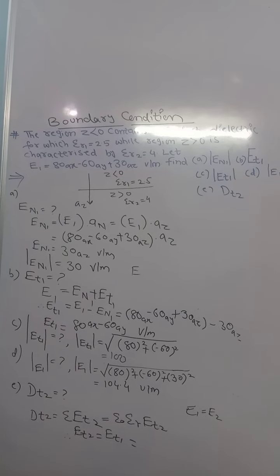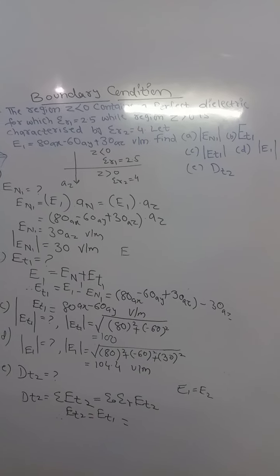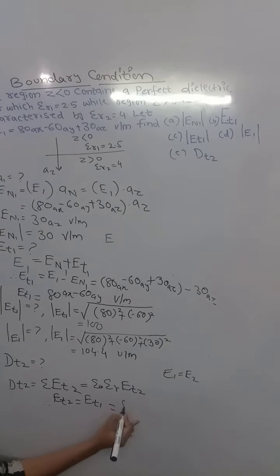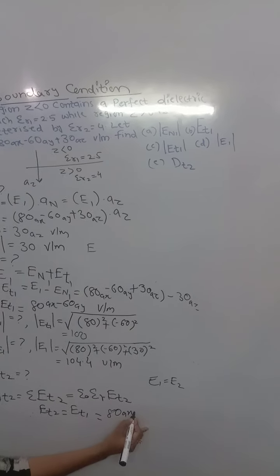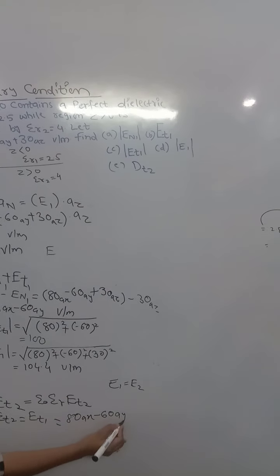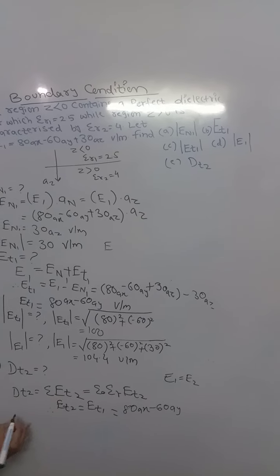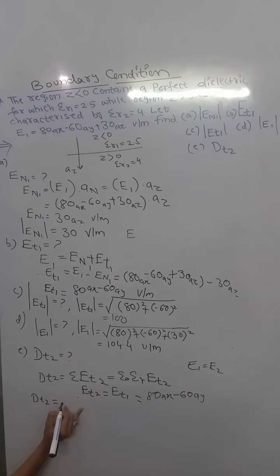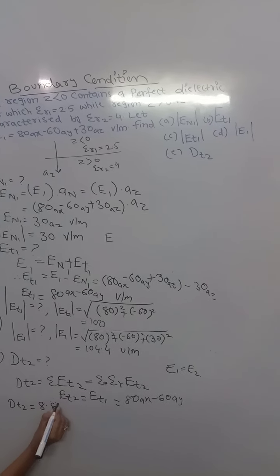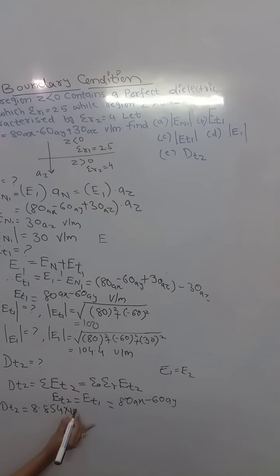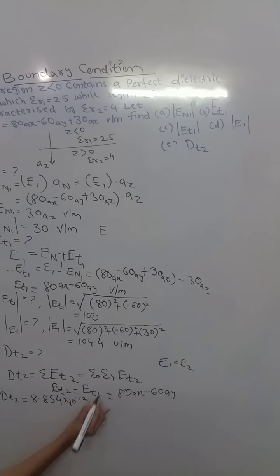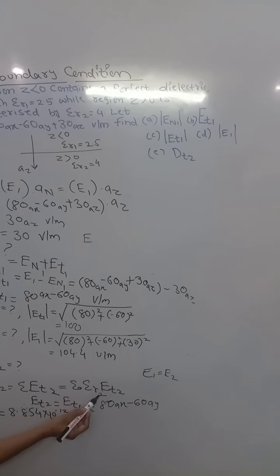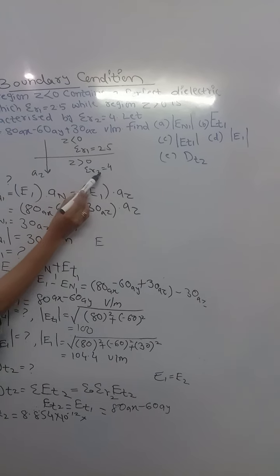So what is my ET1? Finally, ET1 I am getting as 80AX minus 60AY. Note down DT2 is equal to epsilon 0, which is 8.854 times 10 raised to the power minus 12, into epsilon of region 2. Epsilon R2 is 4.